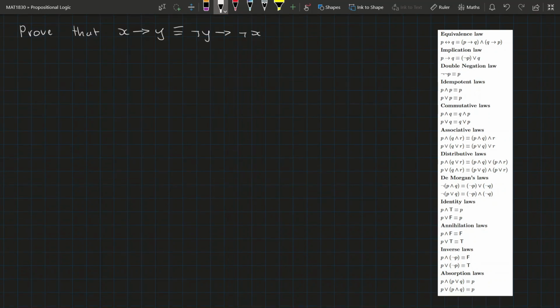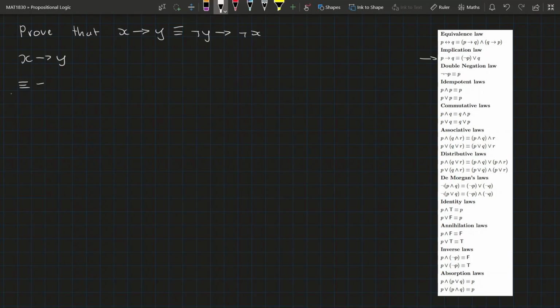Alright, so this question is asking us to prove that X implies Y is logically equivalent to not Y implies not X. So let's start on this by writing it out. And then, so we can use the implication law.